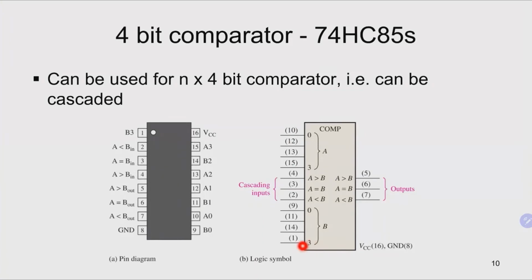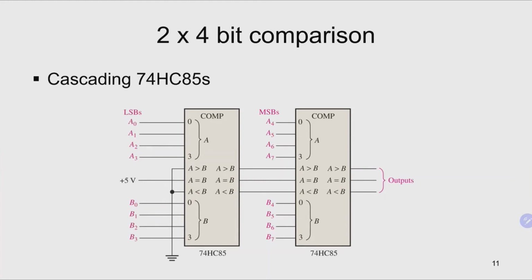So we have the pin diagram of where the A bits are and where the B bits are, and then the input comparisons and the output comparisons. And how are you going to use this? If you want to cascade this, you can make an 8-bit comparison using two 4-bit comparators.